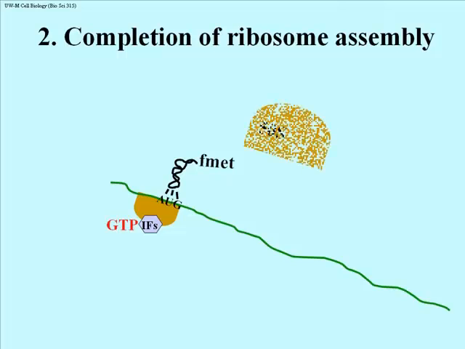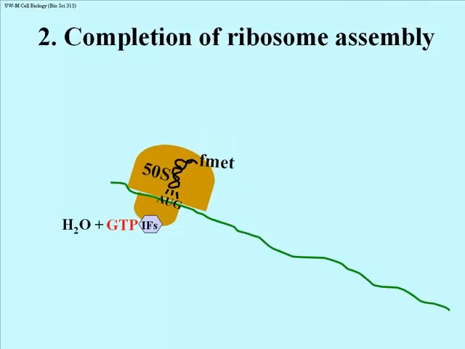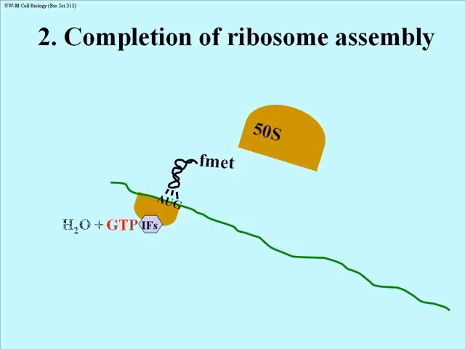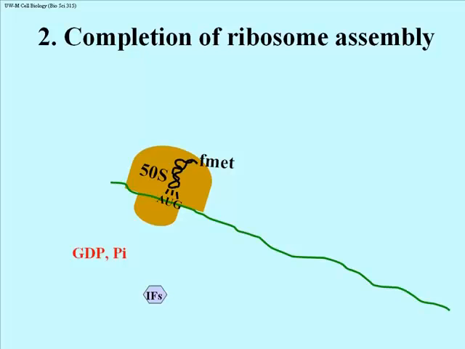So the next step was simply to throw in a 50S or a bunch of large subunits in with the initiation complex, which, remember, again, could be synthesized in its entirety. So let's just back up here. What you are looking at now is the initiation complex isolated from a prior experiment. And then from another test tube, we throw in 50S subunits, and lo and behold, they associate with each other, and one can follow the fate of various components.